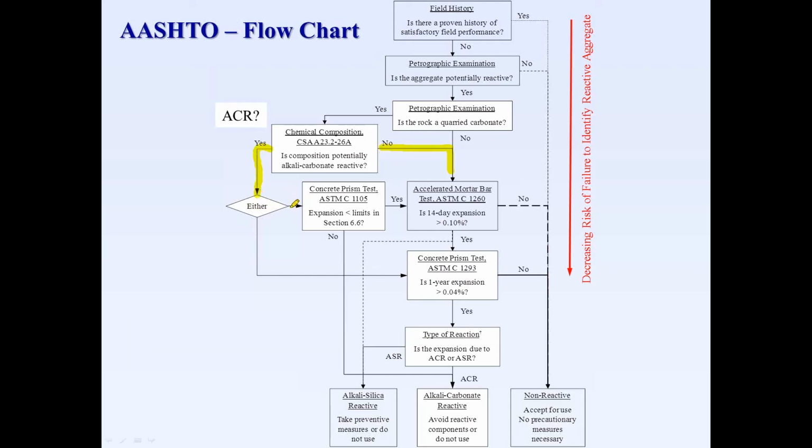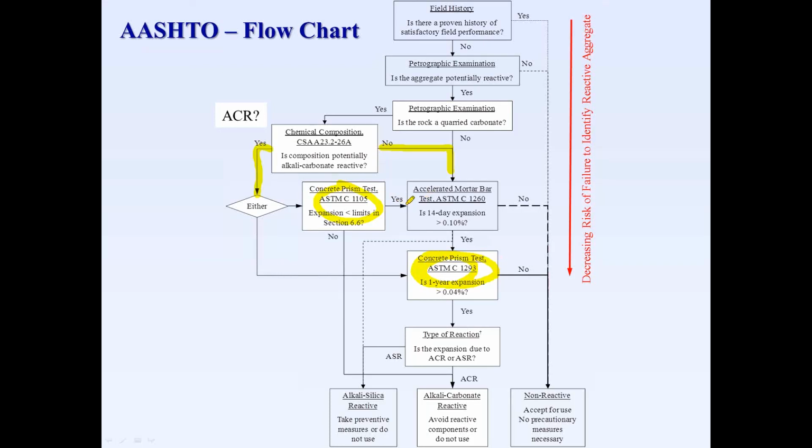and then we have an option of testing it either in one concrete prism test, the 1105, which has a low alkali content, or a second concrete prism test, which is our famous 1293 test, which has a much higher alkali content.